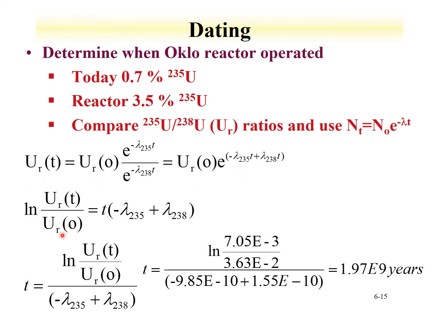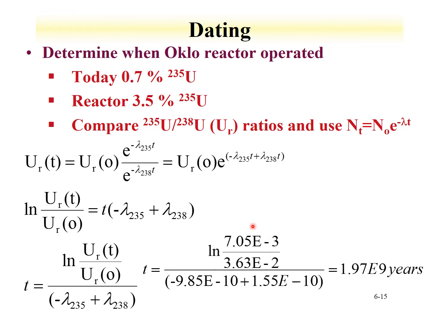We get this equation where the time, the date that this occurred, is equal to this ratio of 235 to 238 today divided by the ratio of 235 to 238 initially. We're getting those factors from these percentages divided by just some differences between the decay constants. So it's a fairly straightforward reaction.